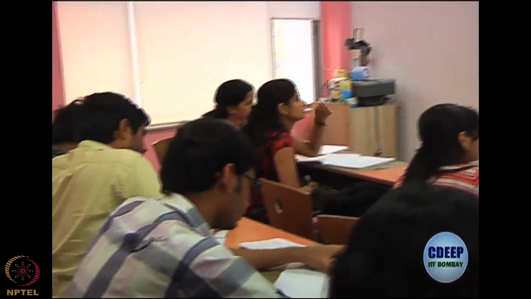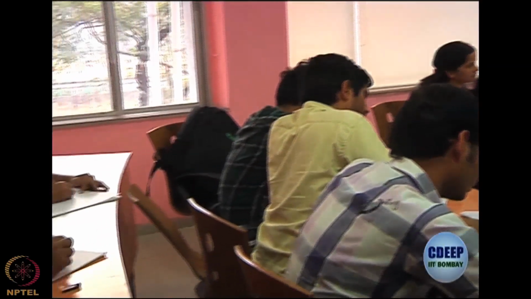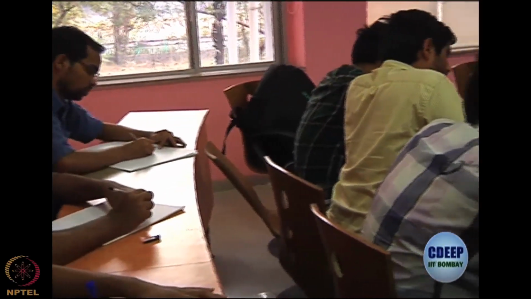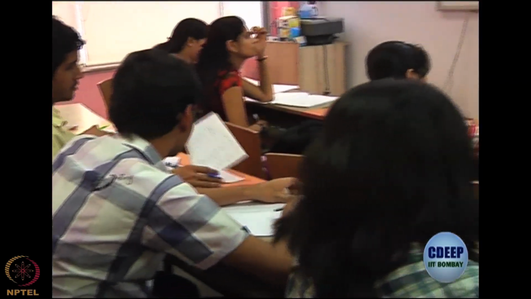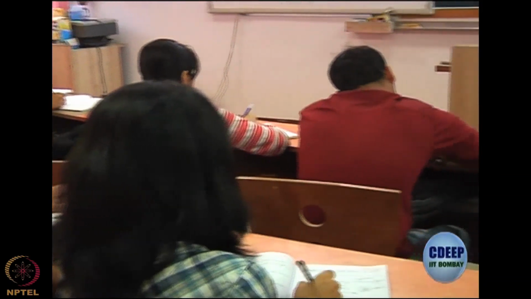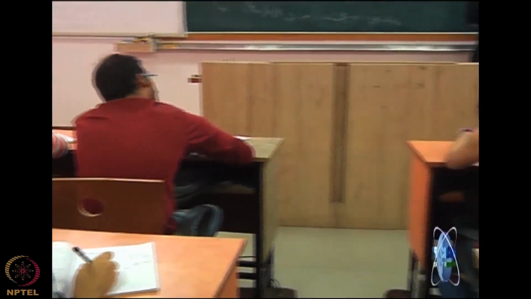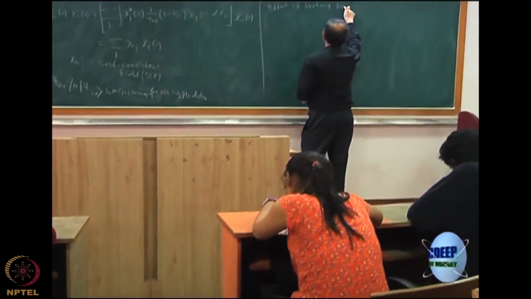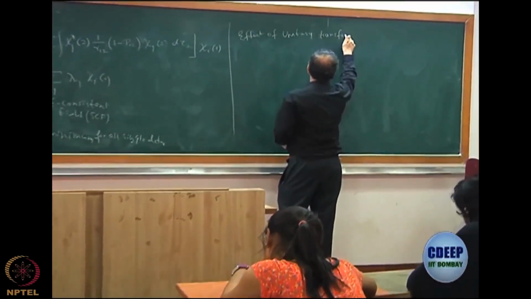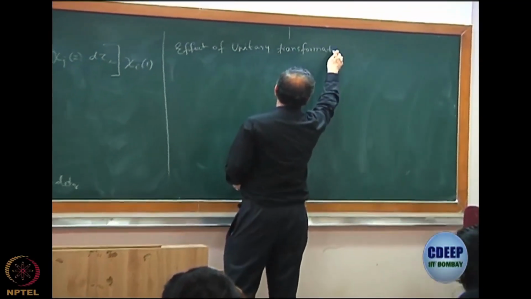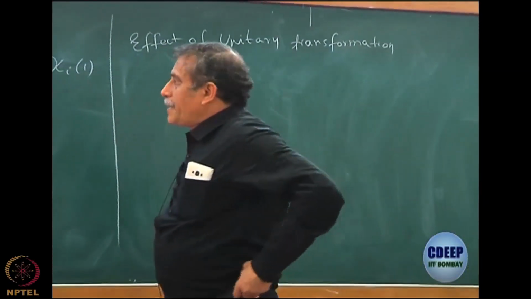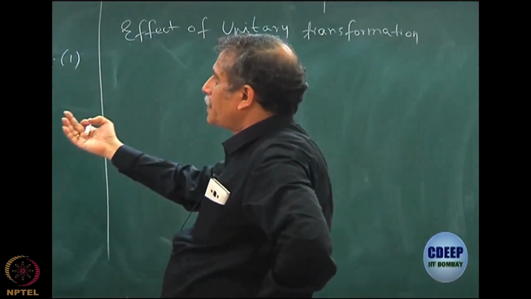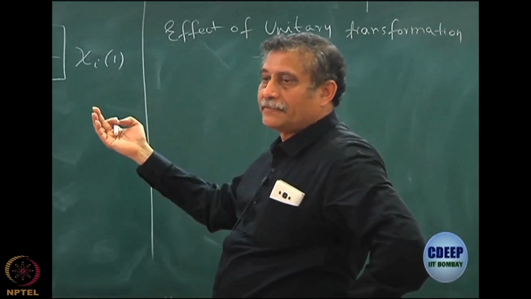Before we canonicalize, let me talk about the effect of a unitary transformation on this equation. All of you know what unitary matrices are, right? So, the effect of unitary transformation on this matrix. Let us assume that I transform the spin orbitals by a unitary matrix.